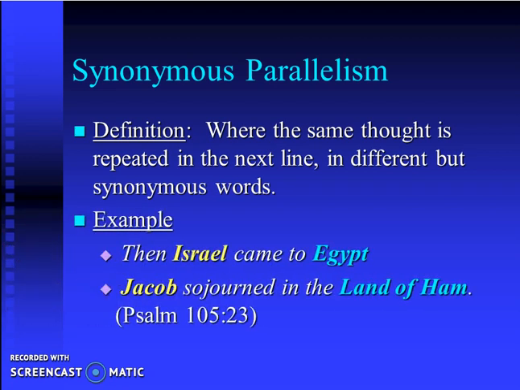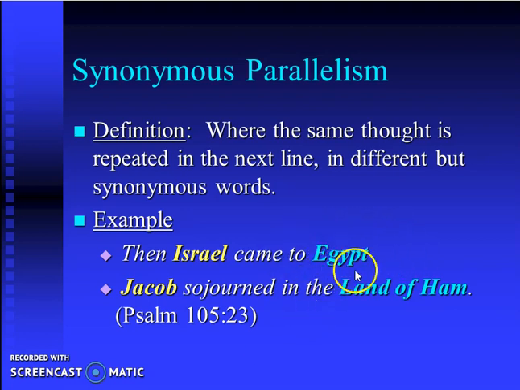For example, in Psalm 105 and verse 23, it says, "Then Israel came to Egypt, Jacob sojourned in the land of Ham." Well, you can see the parallelism. Parallel with Israel will be Jacob. Israel and Jacob are 2 names for the same patriarch, and both here are used for the descendants of Jacob and the descendants of Israel.